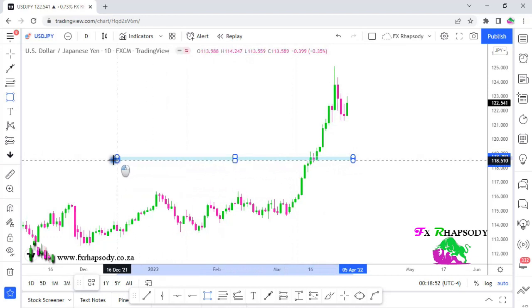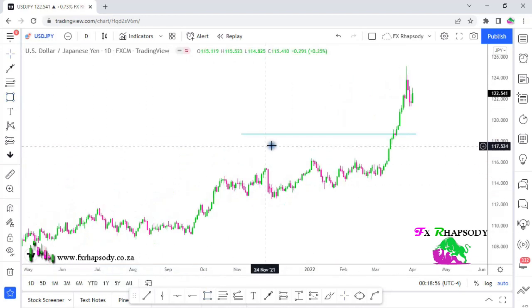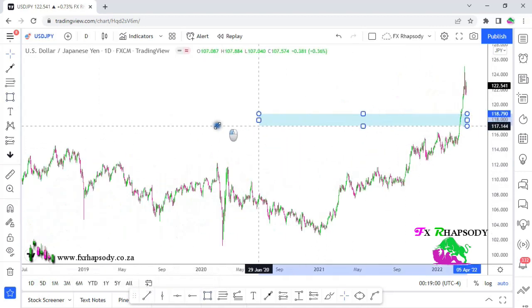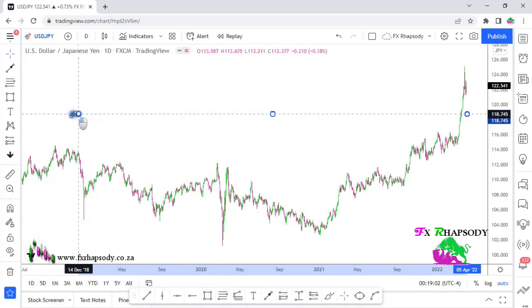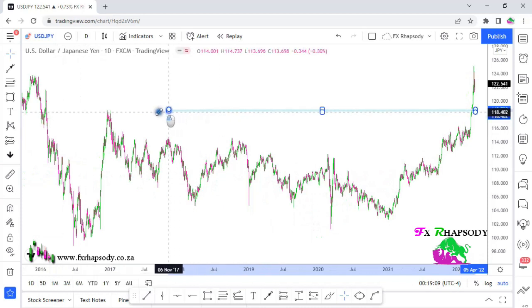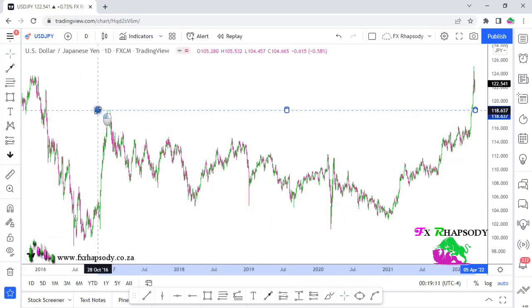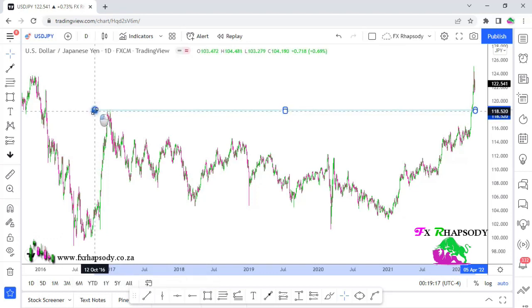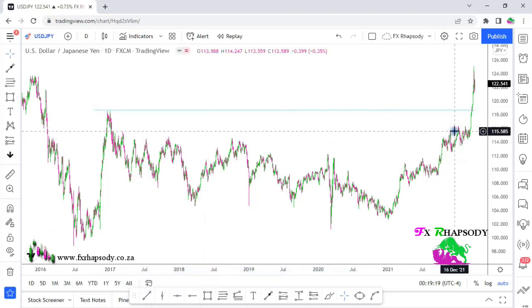The reason for that is, let me just show you something interesting. If you zoom out, and you zoom out even more, and you just carry on to the left, look at that. Bam. Look at that, interesting. See, that is why those candles form.